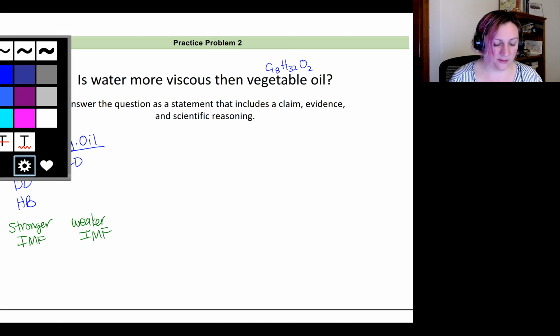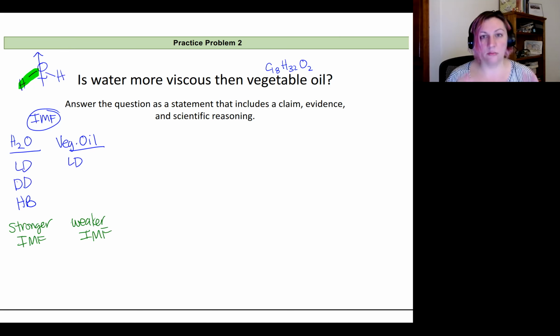And while they have stronger and weaker, I'm also going to note one more piece of information as I compare these. Water is relatively small. It has a molar mass of 18 grams per mole. There's like 3 atoms in it. Whereas vegetable oil is a large molecule, and so it's going to have a lot more surface area.